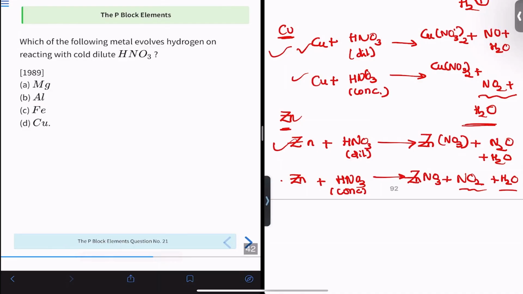Copper with dilute HNO3 gives NO. Copper with concentrated HNO3 gives NO2. Zinc with dilute HNO3 gives N2O. Zinc with concentrated HNO3 gives NO2. Okay, guys?